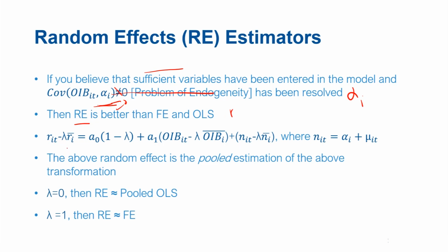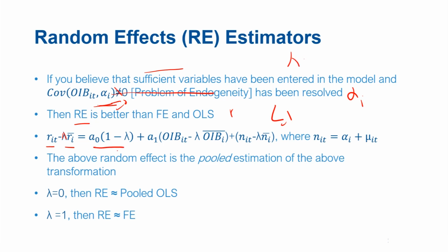For example, instead of fully time-demeaning the model, you can simply demean with a multiple of lambda, which is between 0 and 1, that is less than or equal to 1. And therefore your resulting equation is r it minus lambda r i bar, only that in the original FE transformation, instead of completely time-demeaning, I am time-demeaning with a factor of lambda. So this term is not eliminated.